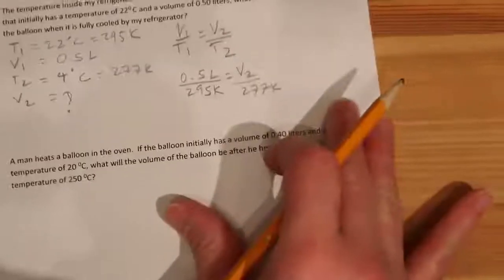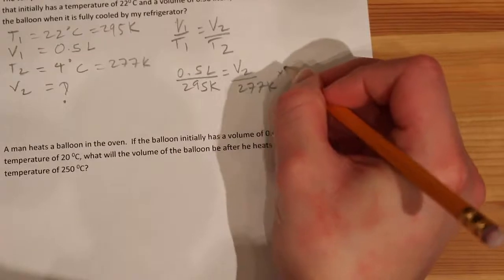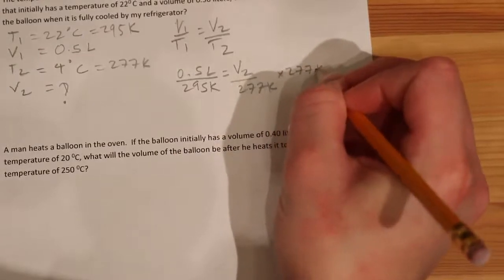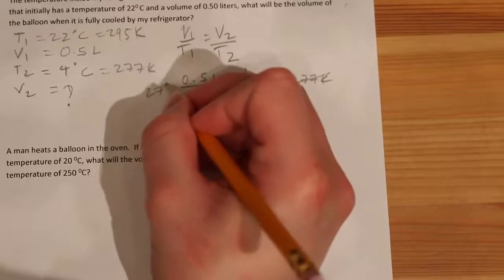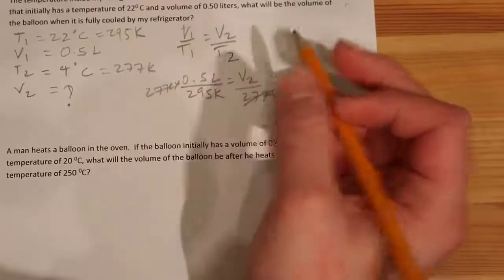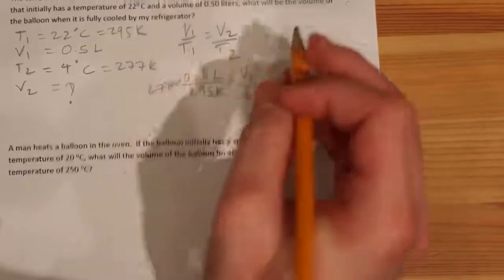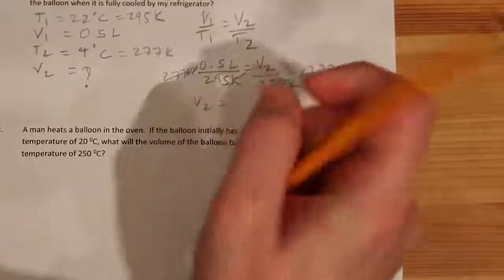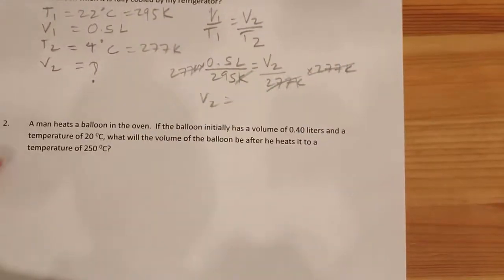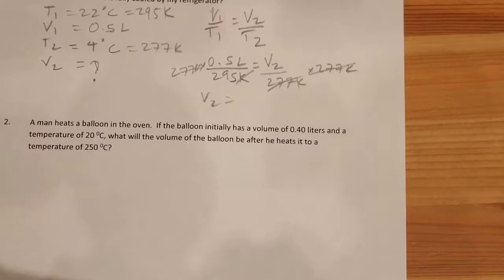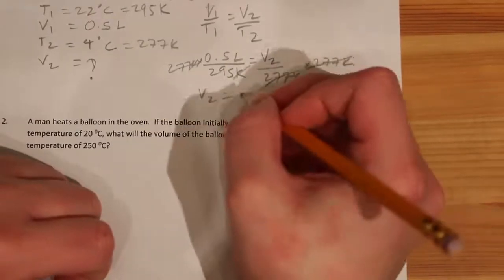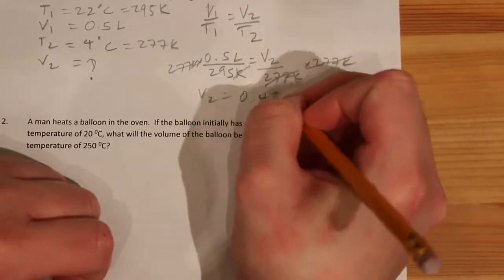So again, we want to get V2 by itself, so we multiply both sides by 277 Kelvin. That cancels. The Kelvin cancels, so we just put into our calculator 277 times 0.5 divided by 295, and that's going to give us a V2 of 0.47 liters.